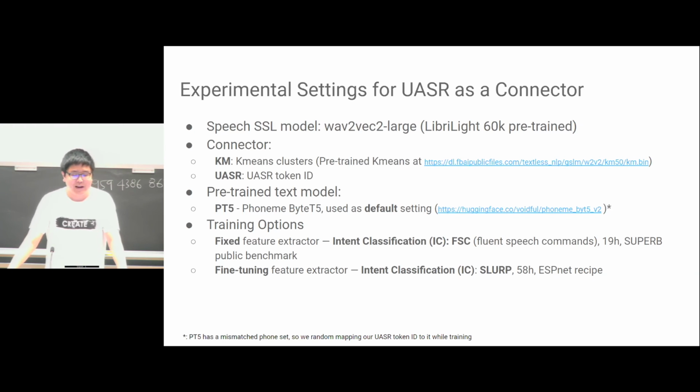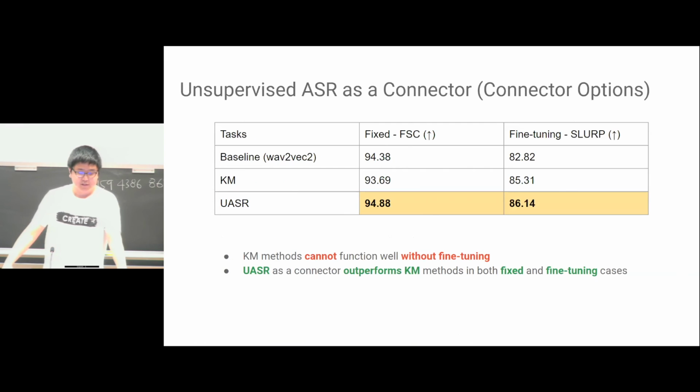For the latter, we have two training options. The first is a fixed feature extractor, where we fix the features, do no fine-tuning, and perform intent classification on the SUPERB benchmark. The second is fine-tuning the feature extractor and testing it on SLURP with the ESPnet recipe. We show the results comparing the k-means option and the UASR option.